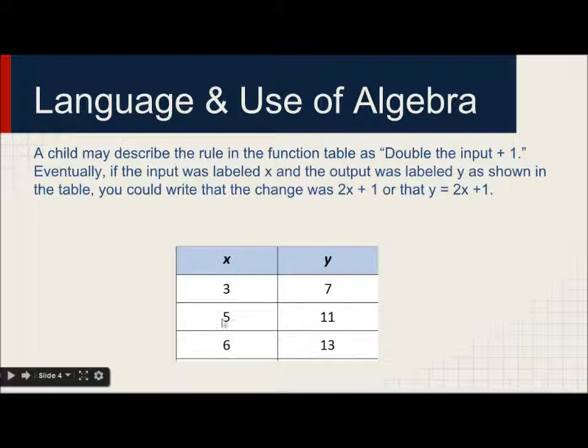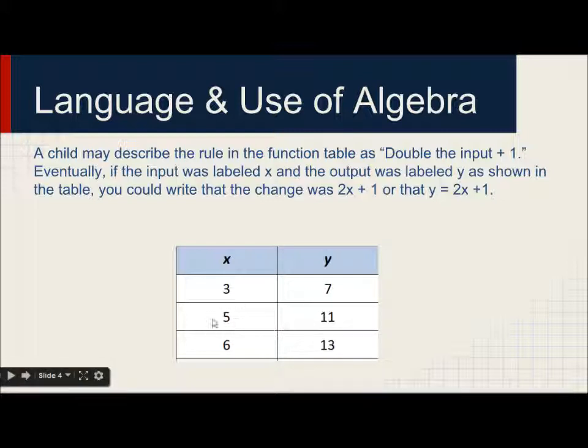So we can draw the table to understand. The child says that the function is double the input of x. Let x be the input. So double of this input, 3: 2 times 3 is 6, plus 1 is 7. So double the input plus 1 gives you y.